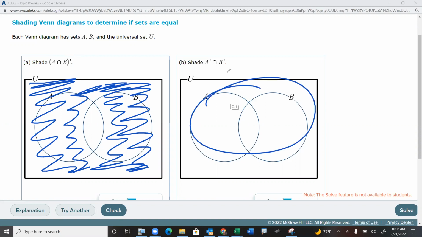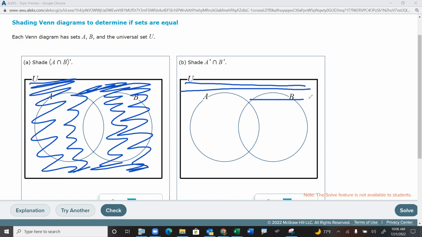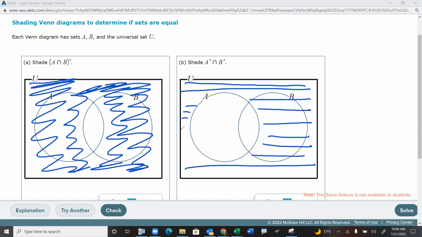And over here, we've got A complement, which is everything outside of A. Okay. And then we've got B complement, so everything outside of B.